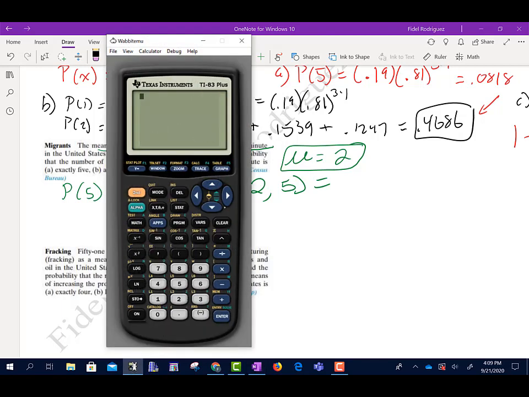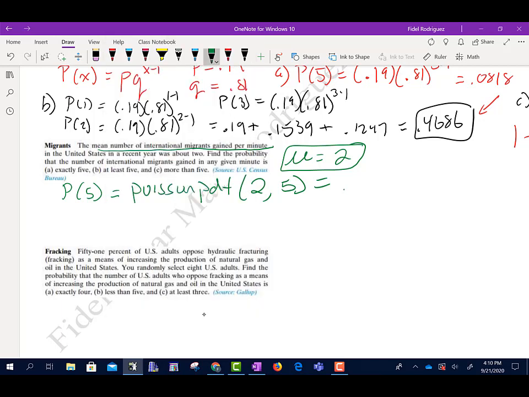Remember, guys, second vars, because I want to get to the distribution, and I want to go to Poisson PDF. With my average being 2 and my x value being 5, I'm coming up with 0.0361. That was part A.